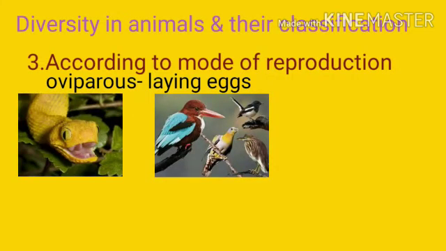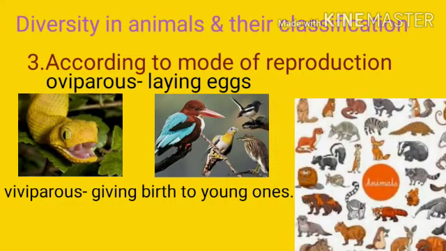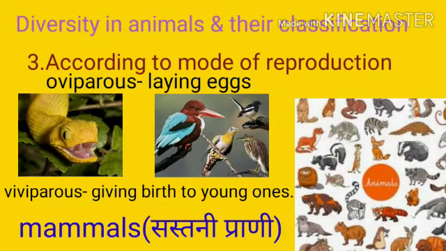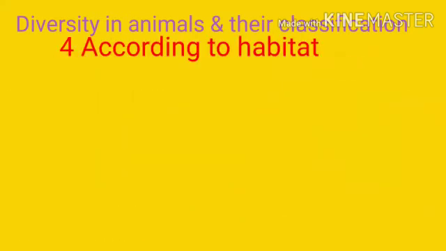Examples, snakes and birds. Second, viviparous, that is giving birth to young ones. Example, mammals, means humans.